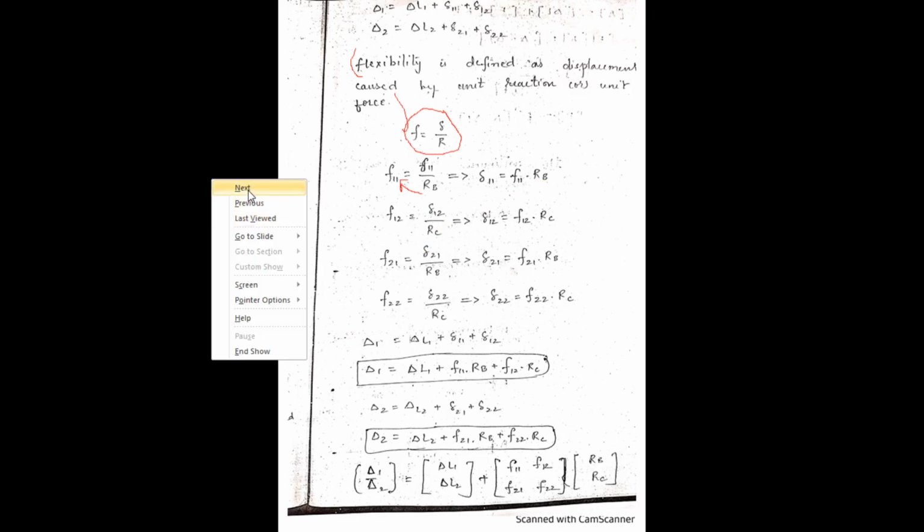Where is delta 12? You see there, delta 12. So deflection by reaction, RC. Okay, here we have RC now, that is why we are applying RC here.